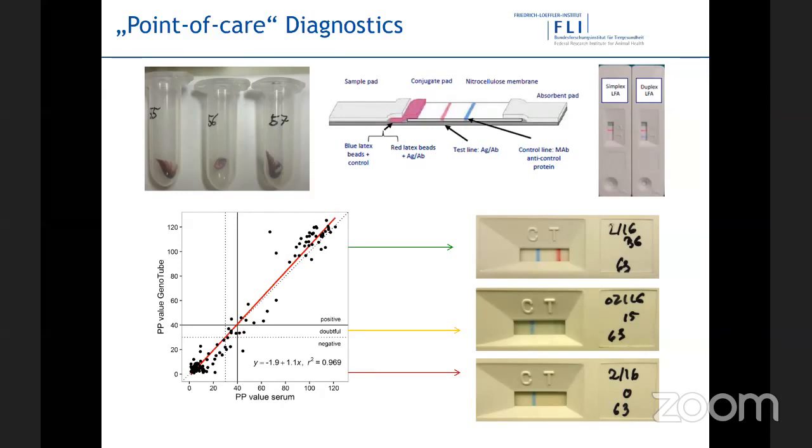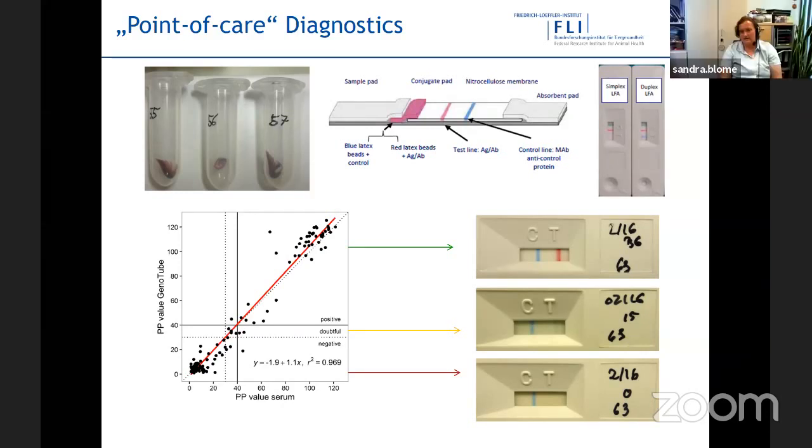And you see that you even have some doubtful cases that were doubtful in the ELISA that also give doubtful results on the lateral flow assay. In this case, it's a lateral flow assay for the detection of antibodies. Please keep it in mind. The antibody LFD is rather good.